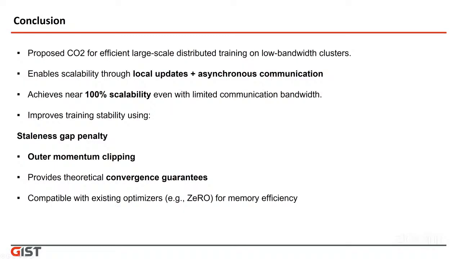They also improve the training scalability using the staleness gap penalty and outer momentum clipping, and they also provide theoretical convergence guarantees. They also propose that their work is implementable on the ZeRO optimizer for memory efficiency.